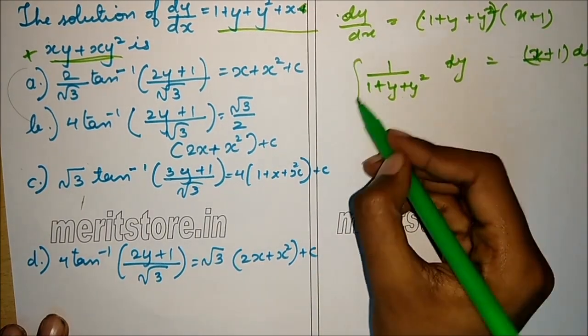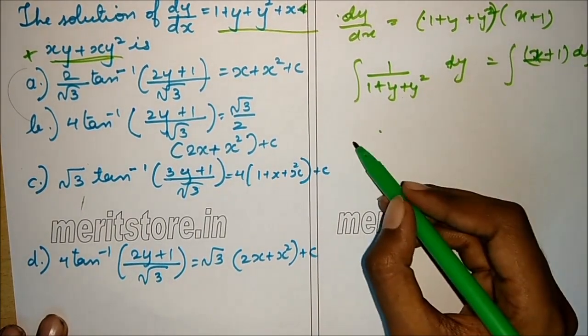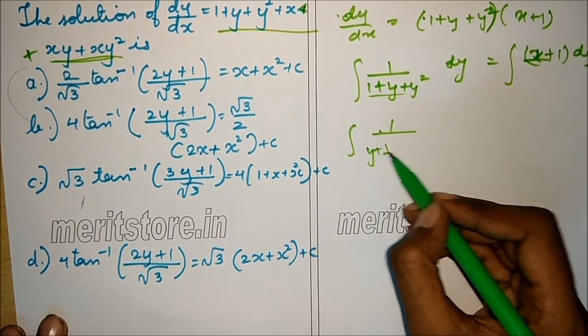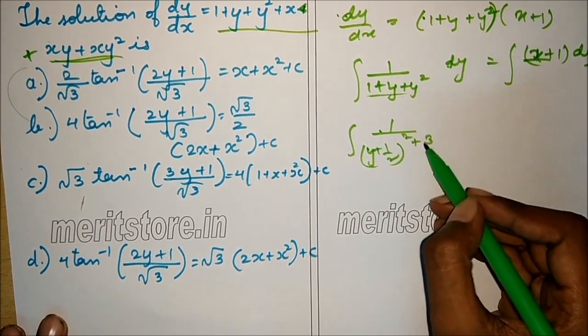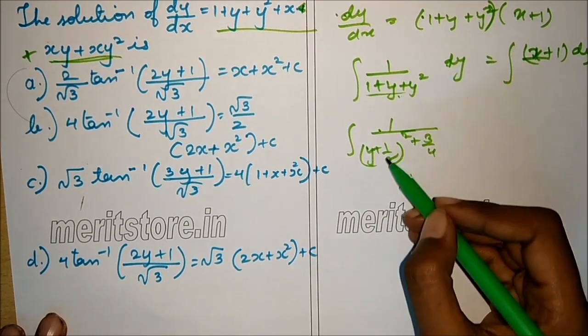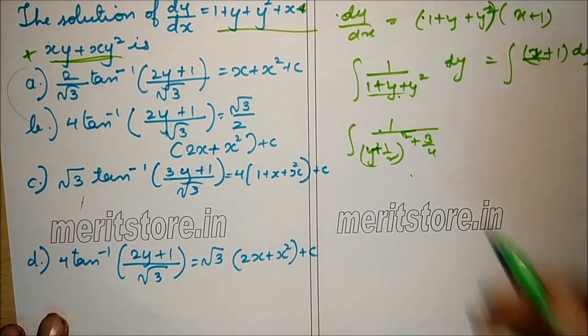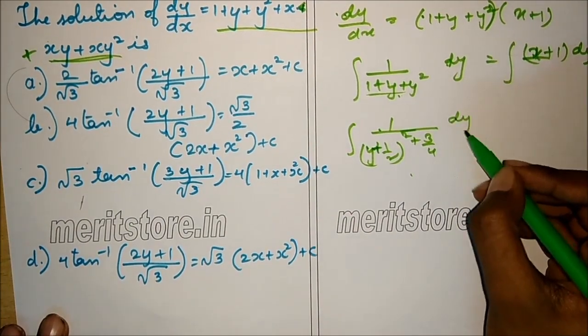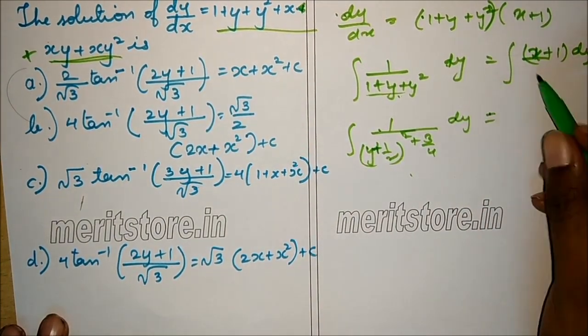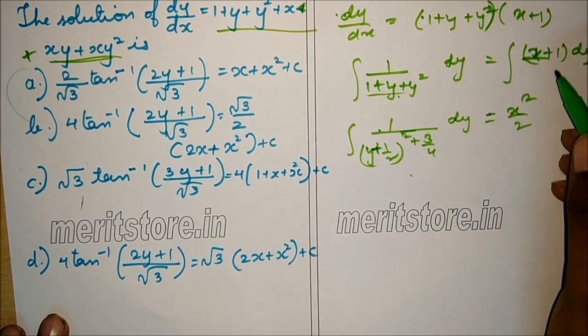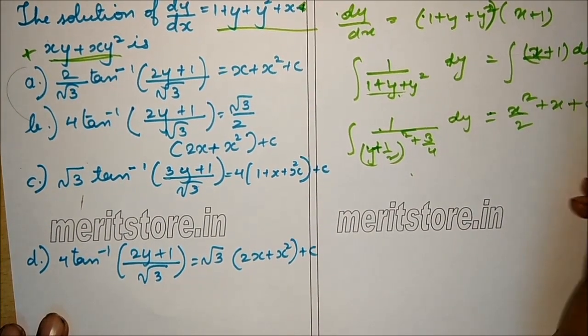So integrating both sides, now we can write this term as 1 by y plus half the whole square plus 3 by 4. This term we write as y plus half raised to 2 plus 3 by 4 dy is equal to, now we integrate this, so integration of x is x square by 2, integration of 1 is x plus integration constant.